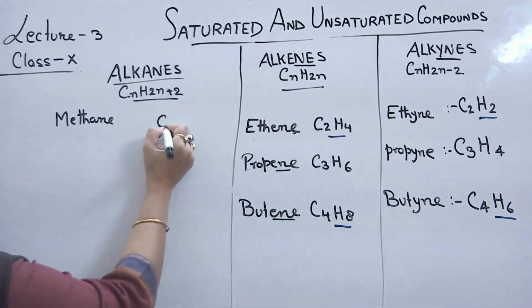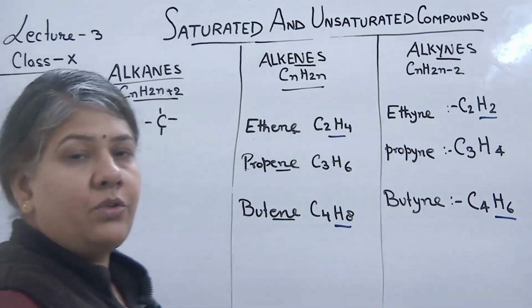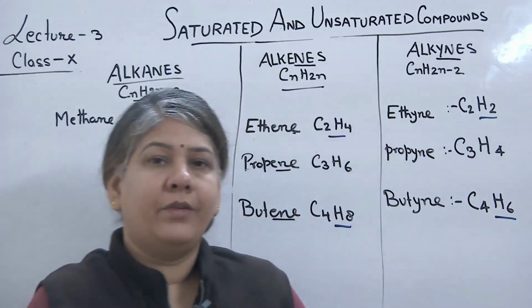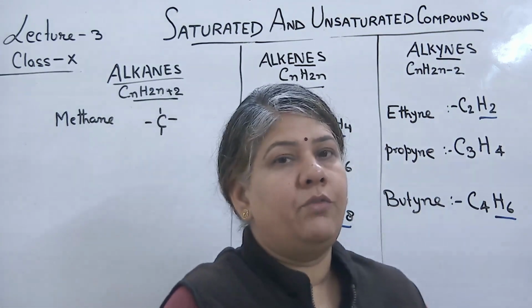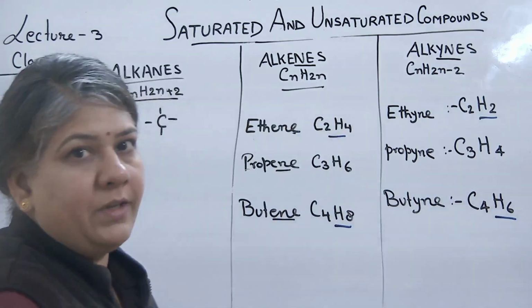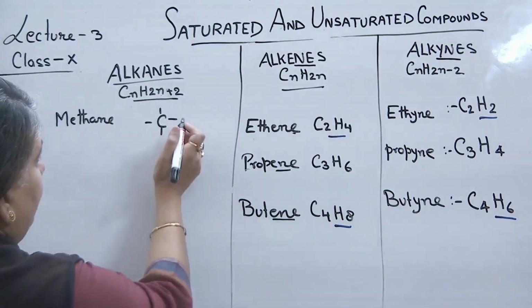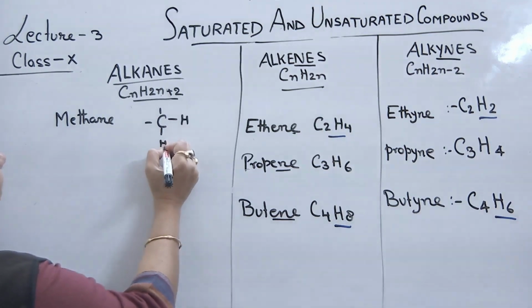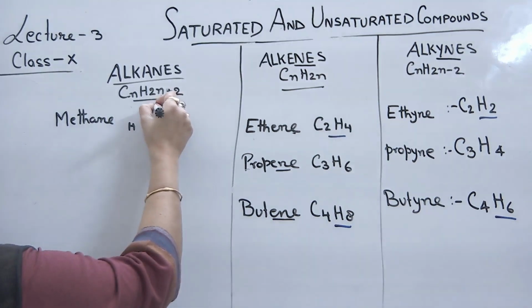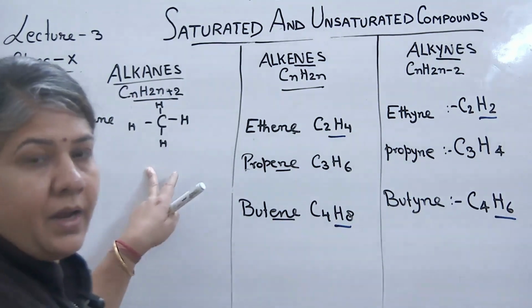One carbon compound, and while writing the structure, you must always remember that you have to maintain the tetravalency of carbon. That is, carbon will always form 4 bonds. So always count and check your formula and structure also. See, methane, so the rest of the bonds are formed by hydrogen.